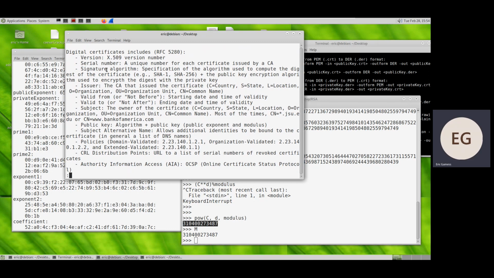Everybody has my public key. I send this message, the person uses my public key to decrypt, and if this message makes sense to this person, it was encrypted with my private key. So this person is sure that this message was emitted by me because it decrypted with my public key.